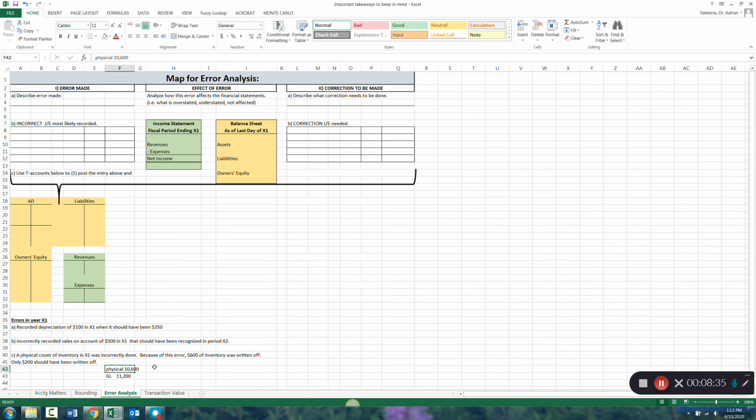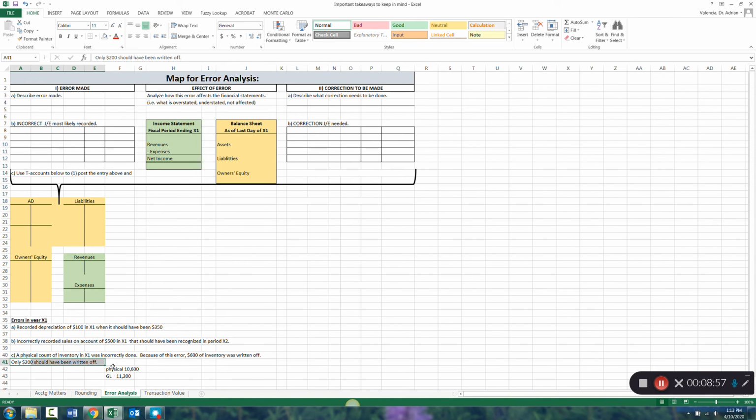All right, so if I do a physical count and I notice that there's only 10,600 and my GL says that there's 11,200, then the difference, or 600, is what I have to write off because my GL is overstated. But what complicates this one here is that it should only have been 200.